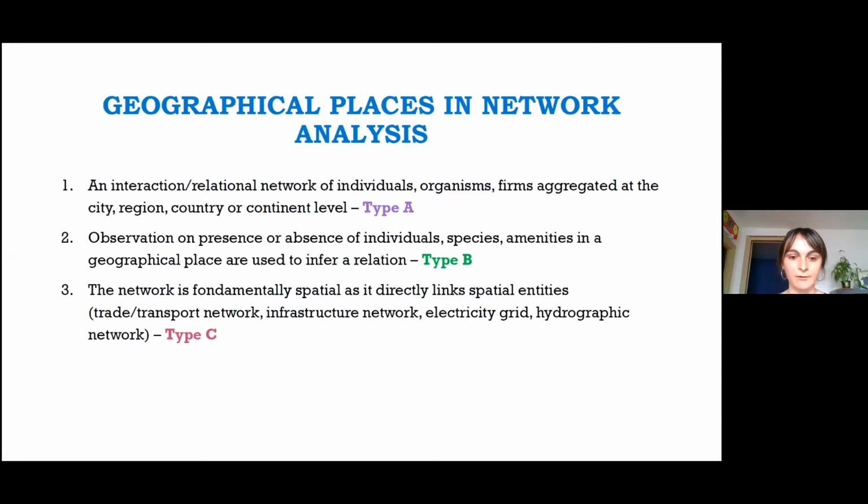Second, it's when you have indirect information on the presence or absence of entities in a geographical place, and you use them to infer a relation. And third, it's when your information is spatial from the beginning, and so you have direct links between spatial entities.